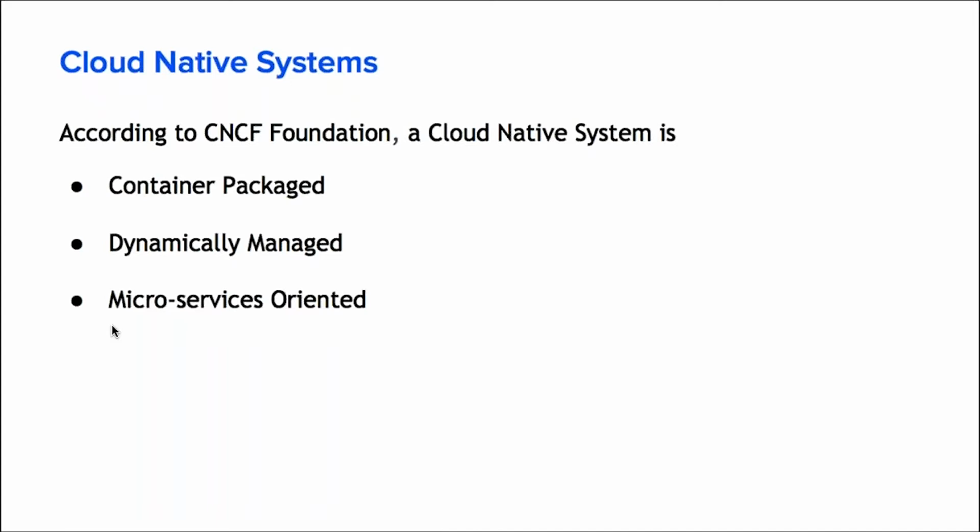And then we should have a microservices-oriented architecture for our application, so that we can easily scale up and scale down the application. We can manage them independently. They can be language independent and so on. So this is what the CNCF defines a cloud native system to be.